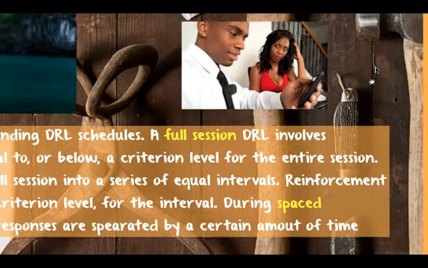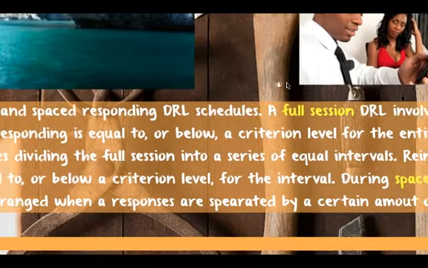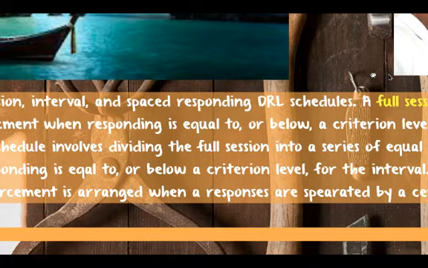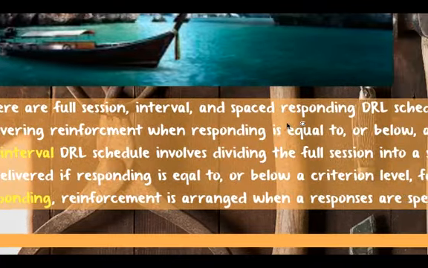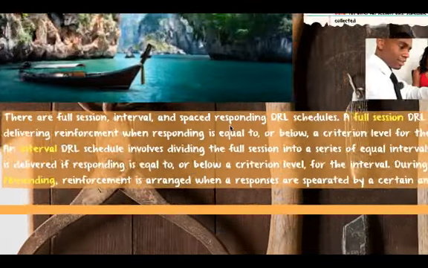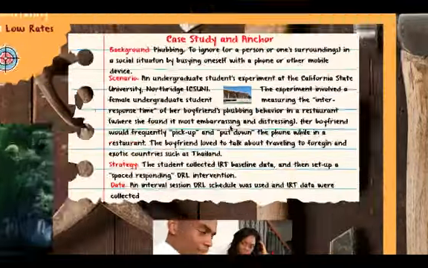So DRL is differential reinforcement of low rate behavior. You will have to work with your BCBA supervisor if you use this system to make a determination as to whether you'll use a full session DRL, an interval DRL, or a spaced responding DRL, because there are a number of variations with respect to the DRL procedure.